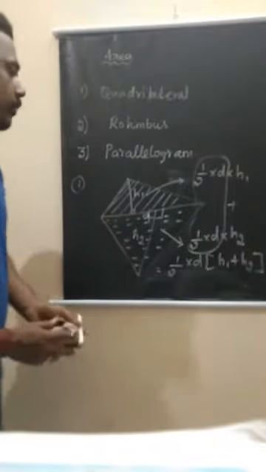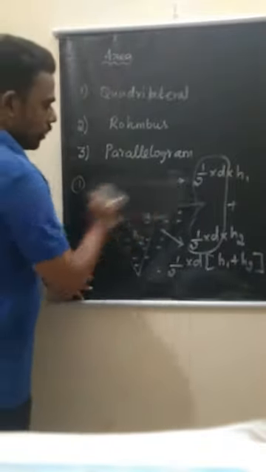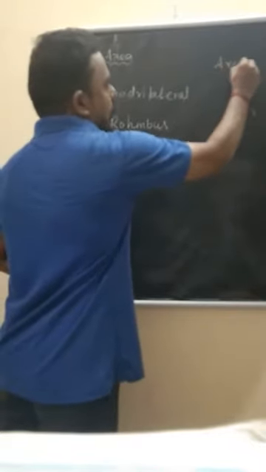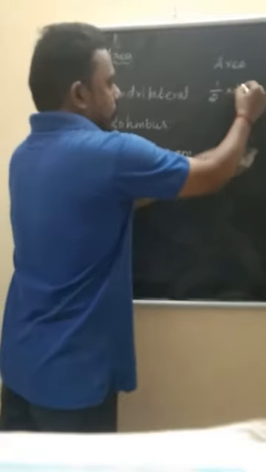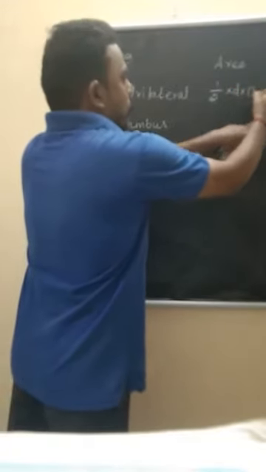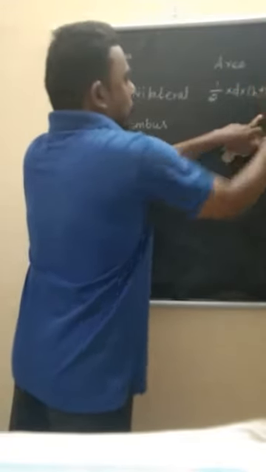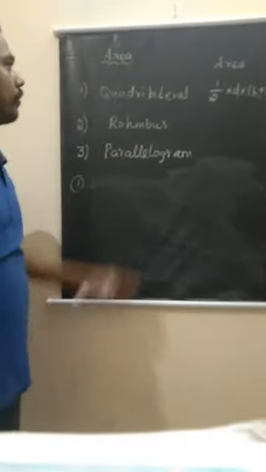So the quadrilateral is over. The area is 1/2 into D into H1 plus H2. This is the area of the quadrilateral.